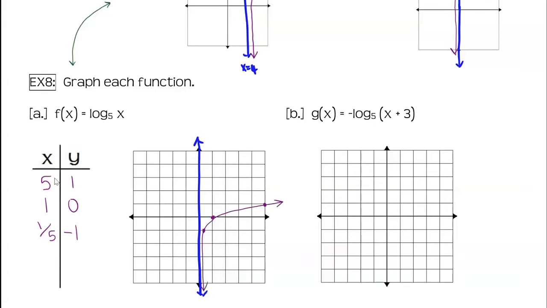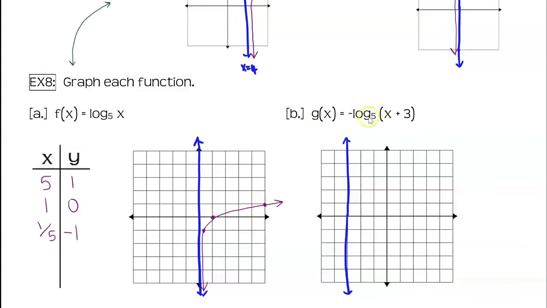Okay, so if we shift it, this is going to be flipped in the x-axis and then shifted. I'm sorry, not up. Which way does that go? That should go left 3. That'll move my asymptote over here.